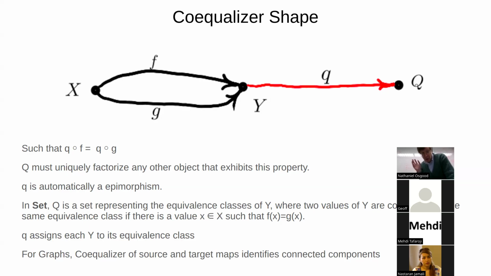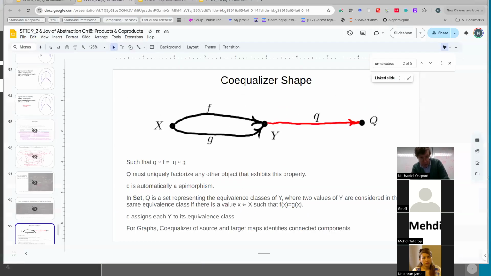In other words, for a given value of X, F of X and G of X are considered in the same equivalence class.